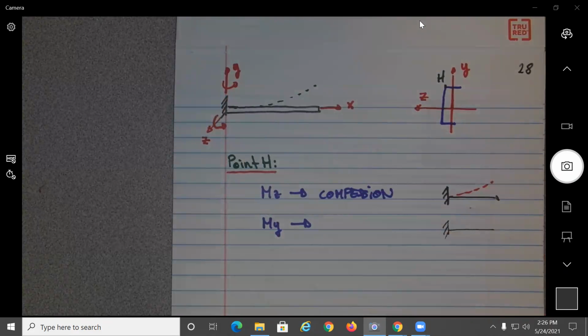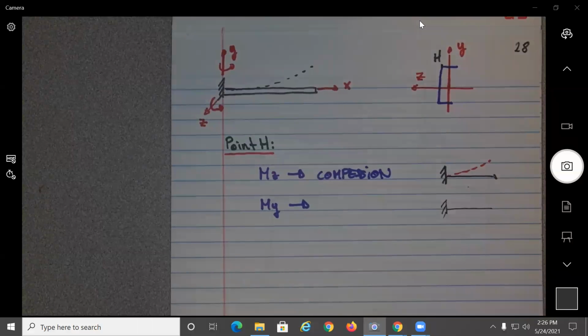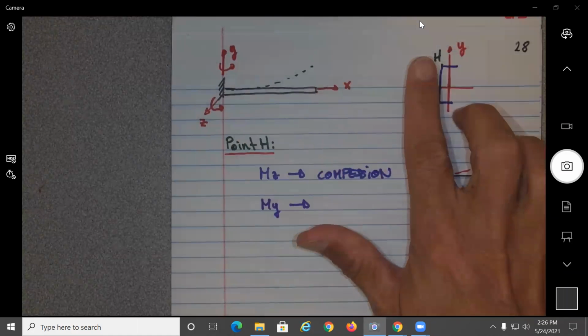Should be bending inside. So if it's bending inside, will point H be in tension or compression? Be careful here. Now we have this bending, this is positive, so this is bending in that direction.